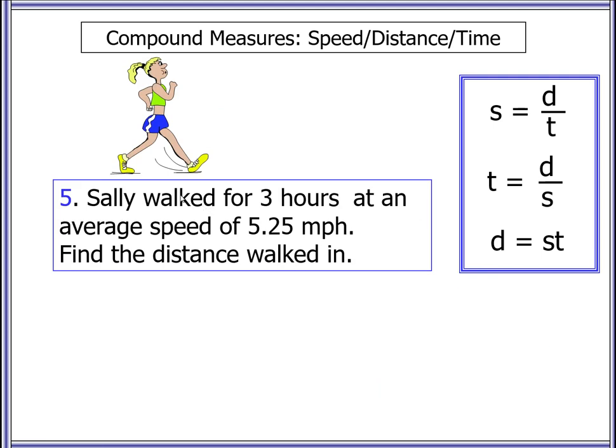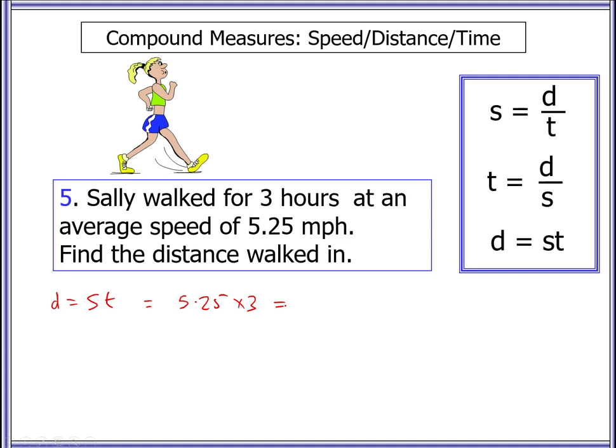Question number 5. Sally walked for 3 hours at an average speed of 5.25 miles per hour. Find the distance walked. So, distance is speed times time. So, if I just get this down here. Distance is equal to speed times time. Speed is 5.25, time, 3 hours.